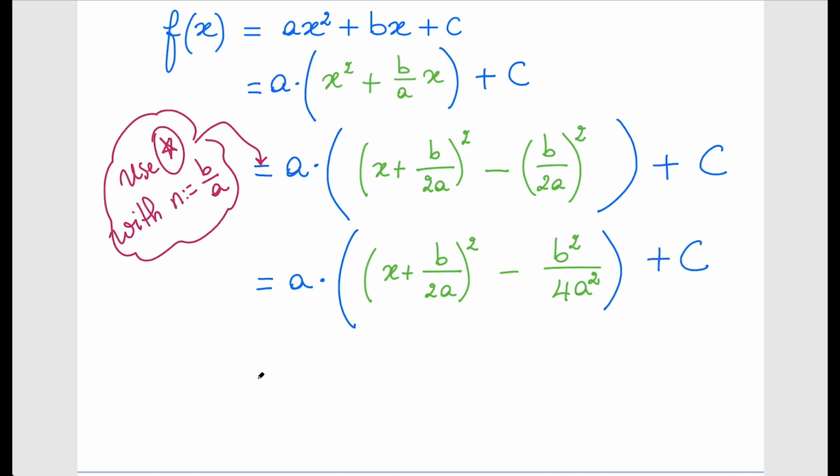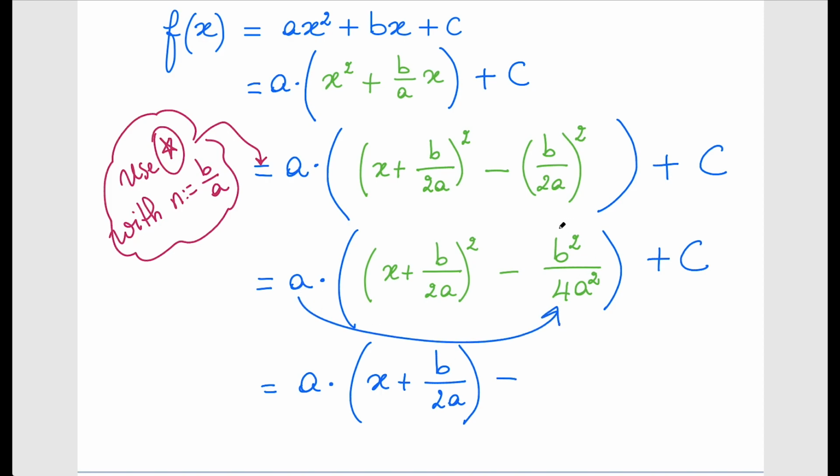Okay. All right. Now, as usual, the a is going to talk to this entity, and it's going to yield a times that guy, right? So a times that guy minus, still a is going to talk to this quotient, so we're going to get a times b squared over 4a squared.